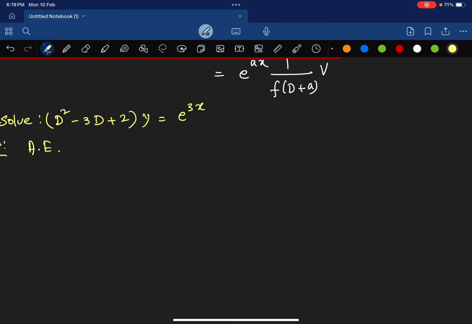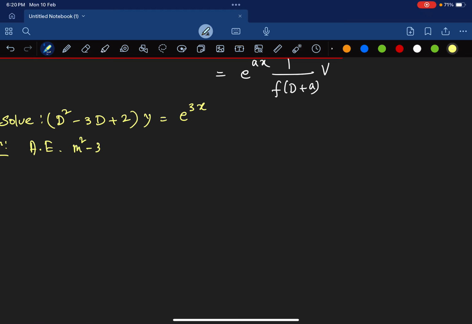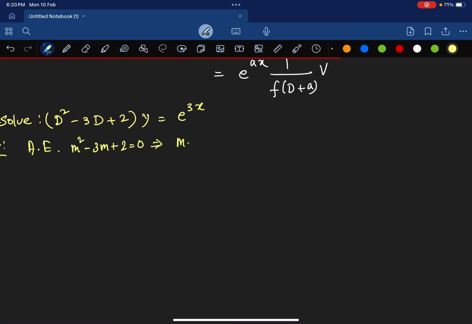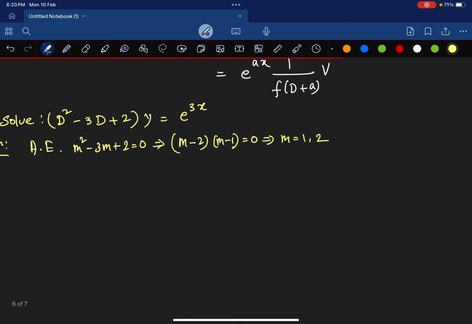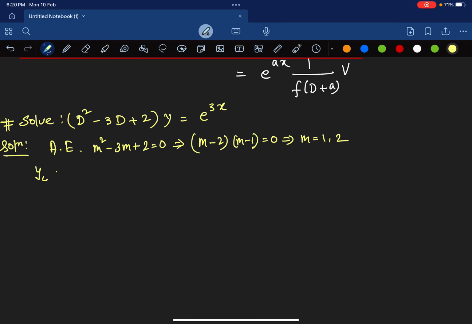Wherever you have d, we can put m. So m square minus 3m plus 2 is equal to 0. So immediately it will be m minus 2, m minus 1, that is 0. From here you will get m is equal to 1 and 2. So CF, that is yc, you will get as c1 e power x plus c2 e power 2x. Okay, now yp you can write 1 by d square minus 3d plus 2 e power 3x.